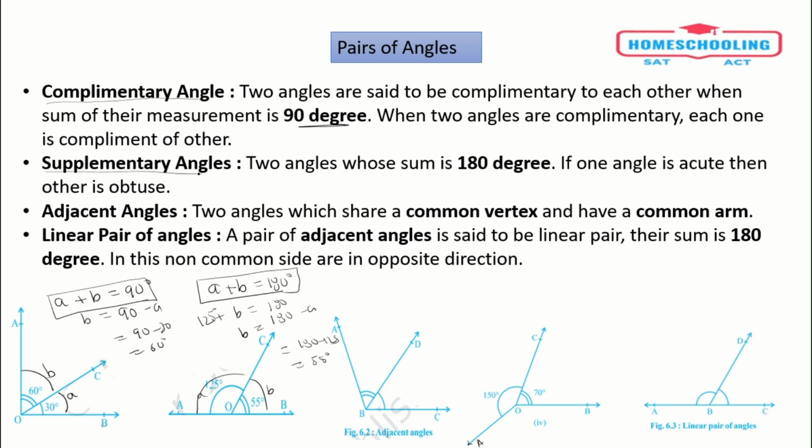Similarly, a supplementary angle is two angles whose sum is 180 degrees. A few students might get confused between complementary and supplementary. For complementary, it starts with C, the letter that comes first, so we have 90 degrees.